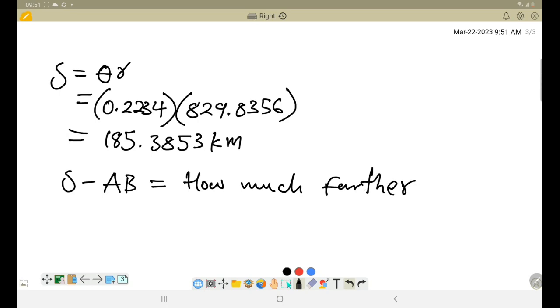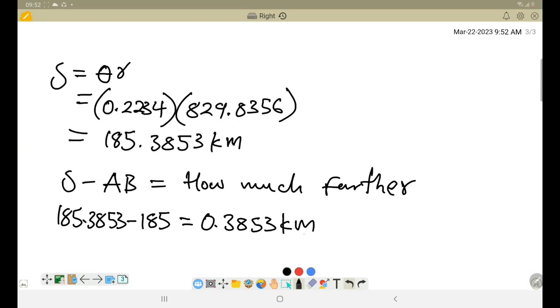Because of course, the circular path should be longer than the straight line path if you are going from one point to another, point A and point B. So here we have 185.3853 minus 185, we get 0.3853 kilometers.